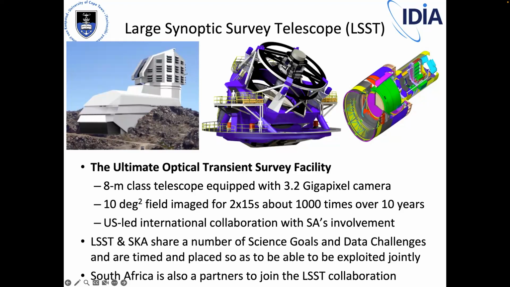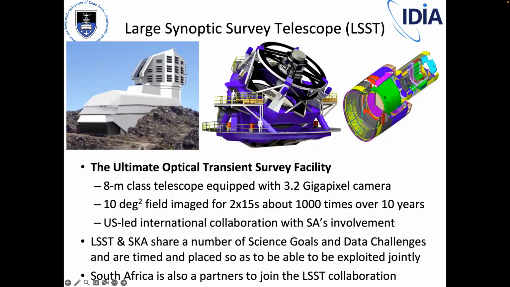So now there are all sorts of agreements being made, including with South Africa, so that the Sutherland telescopes might be able to follow up discoveries made by the LSST over its 10-year mission, to go where no telescope has gone before.